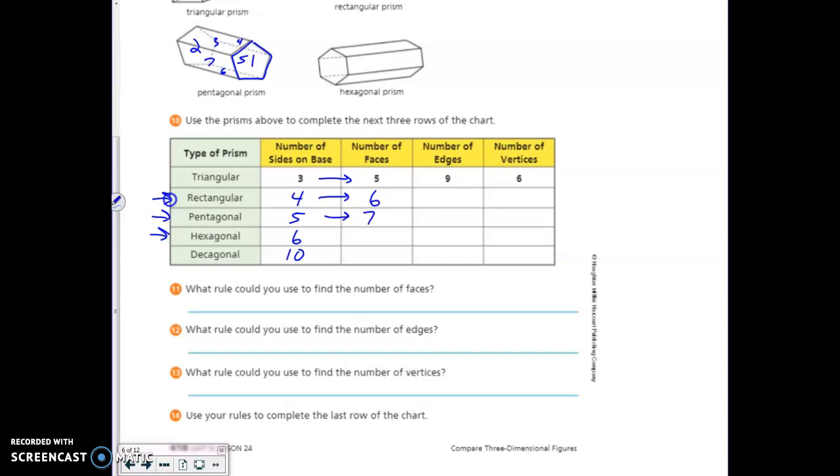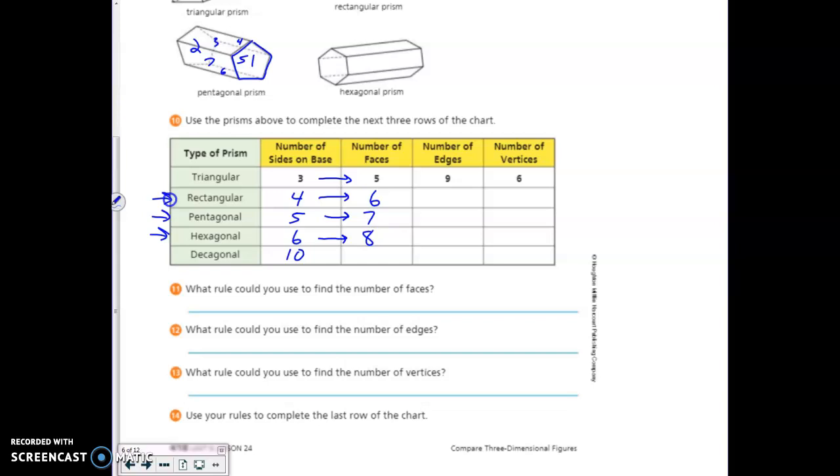So hopefully you are starting to identify, guys, now that we have however many sides there are, and those sides are each going to start a face going to the other side of the shape, and then you've got a top and a bottom, which is where our plus 2 comes in. All right, so if we're using that same pattern here, the hexagonal, even though it is right here and we can count them, should end up with 8 faces, a top and a bottom, and because it is a 6-sided figure, 6 faces going from the top to the bottom.